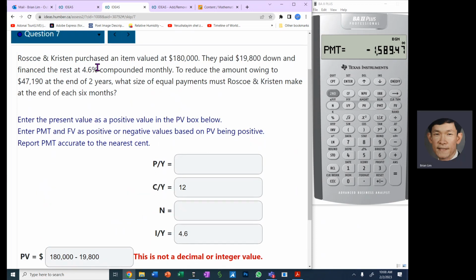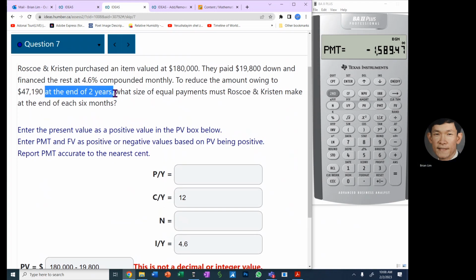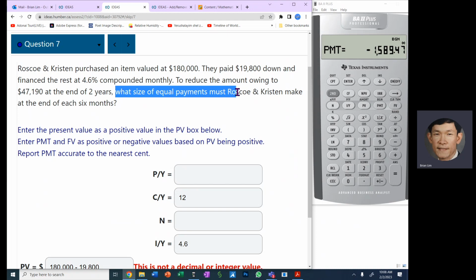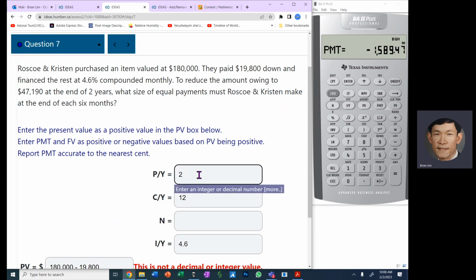At the end of 2 years, what size of equal payments must Roscoe and Kristen make at the end of each 6 months? End of each 6 months, that is twice per year.